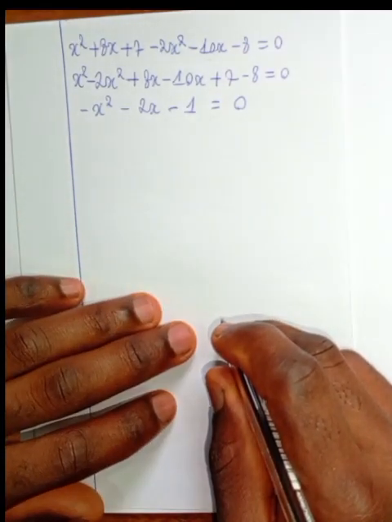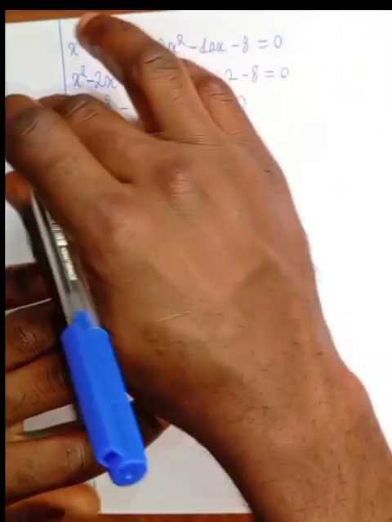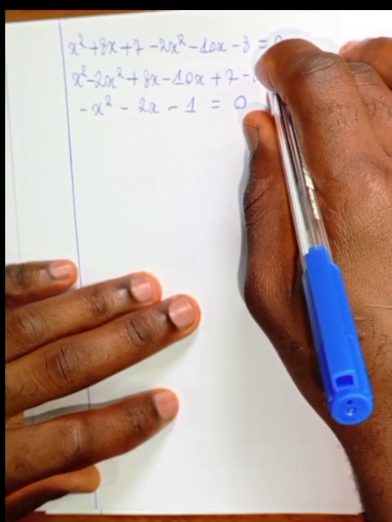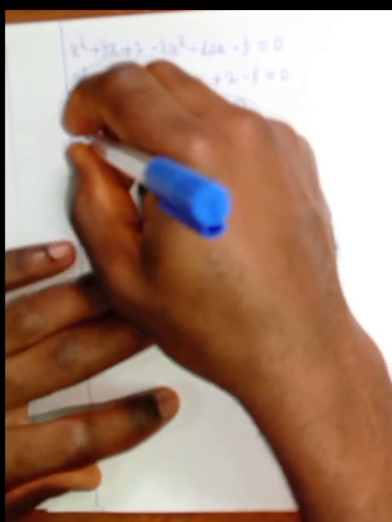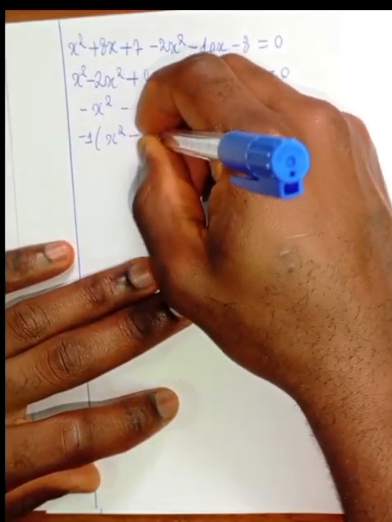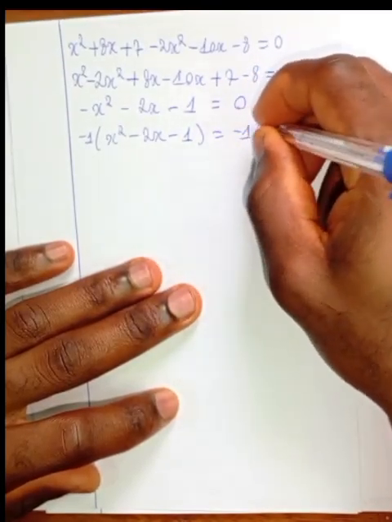Now, at this level, the next thing we are going to do is multiply all through by negative 1. You can see the coefficient of x squared is negative. Take negative 1 times negative x squared minus 2x minus 1 is equal to negative 1 times 0.